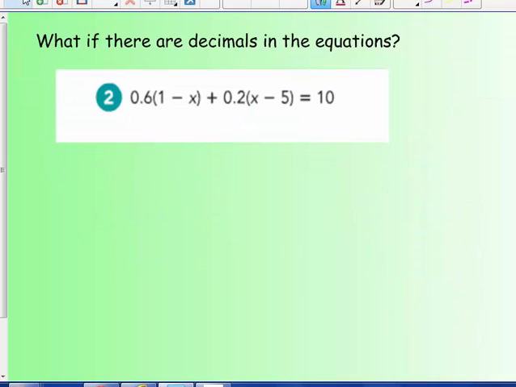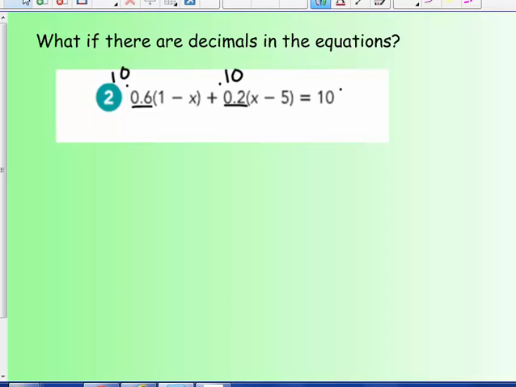The next problem says, what if there are decimals in the equations? Well, that's the same thing as 6/10 and 2/10. What's their common denominator or their common rational denominator? 10. Why not multiply each of the three terms by 10? So that's what I'm going to do. Times 10, times 10.